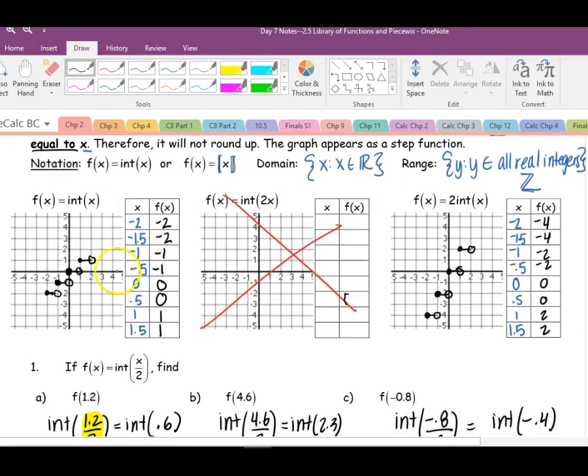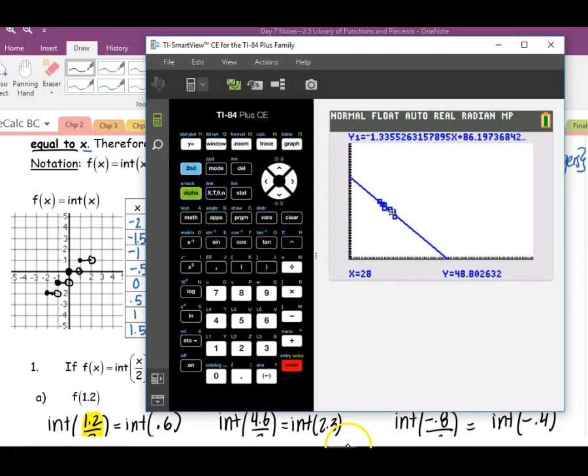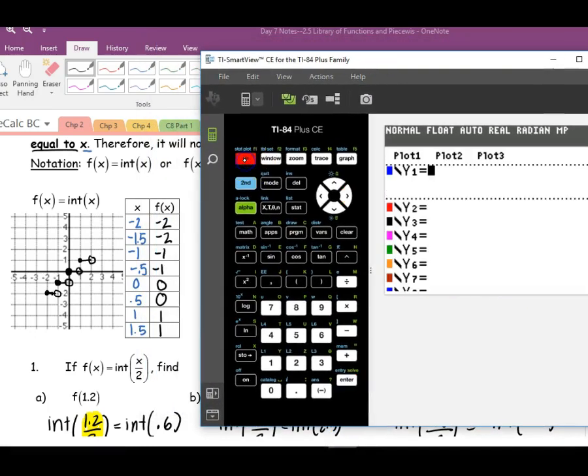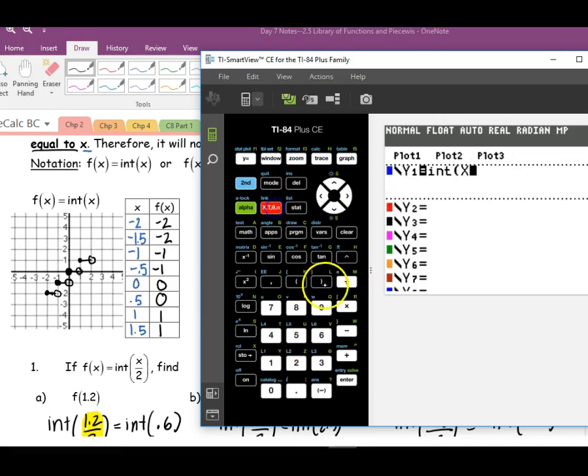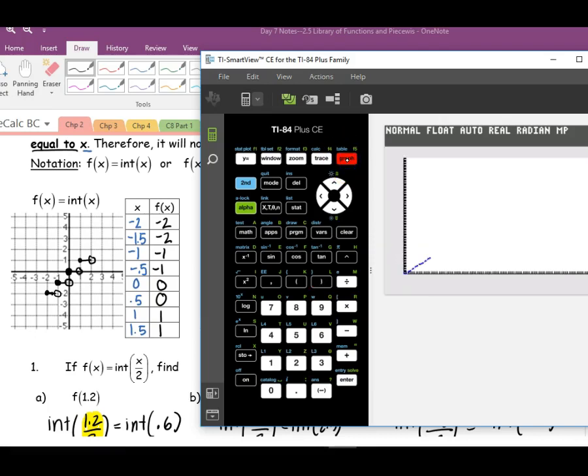Last thing, we can actually graph these with our calculator if that's something that interests you. All right, so from your y equals, what you would do is go to math and go over to numbers, and it's this option right here, number 5. So then I can type in x and graph. Okay, and I need to do a zoom 6.